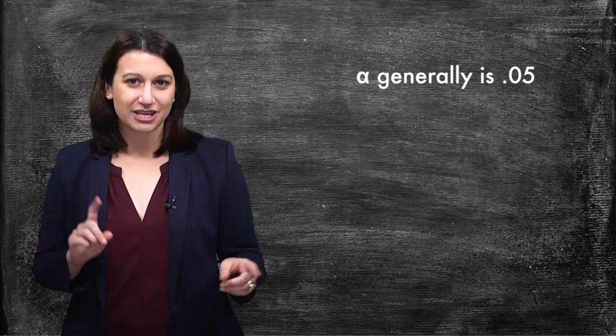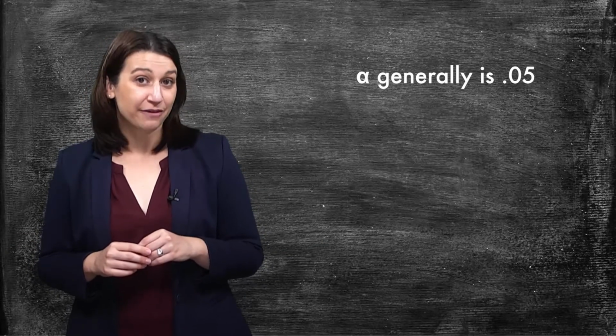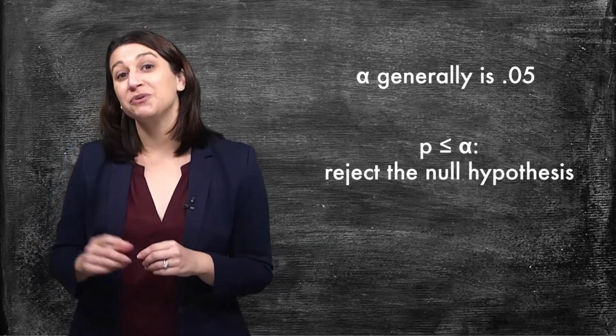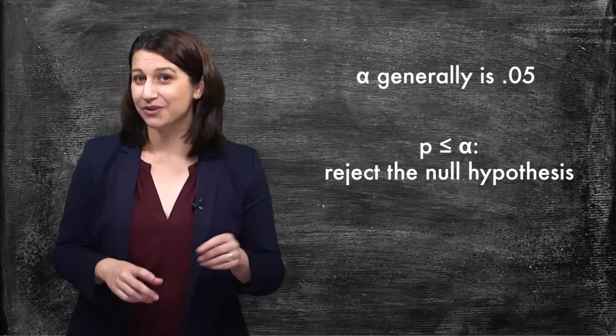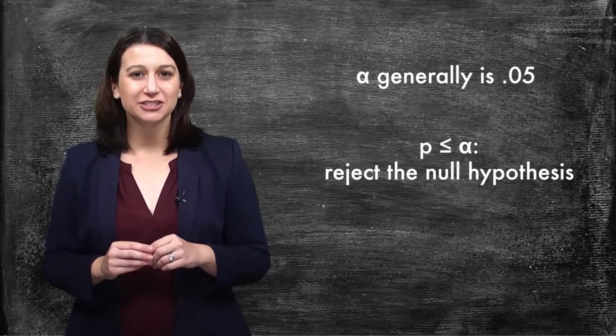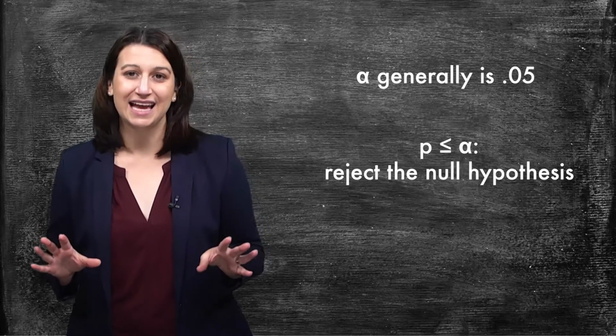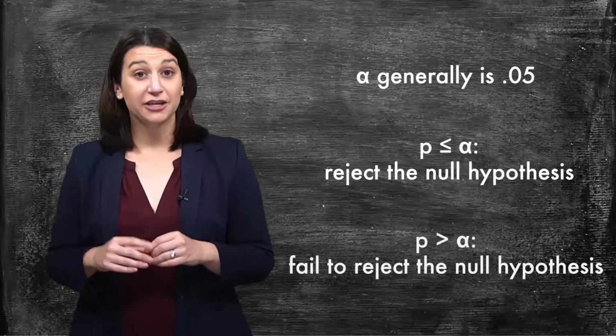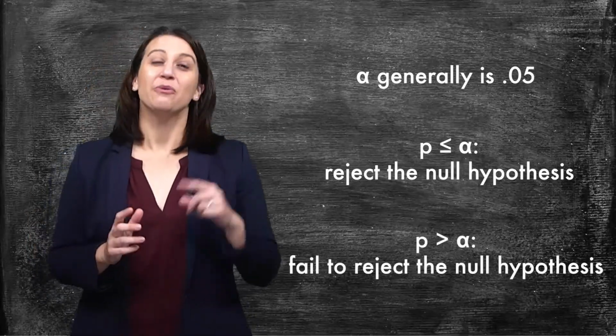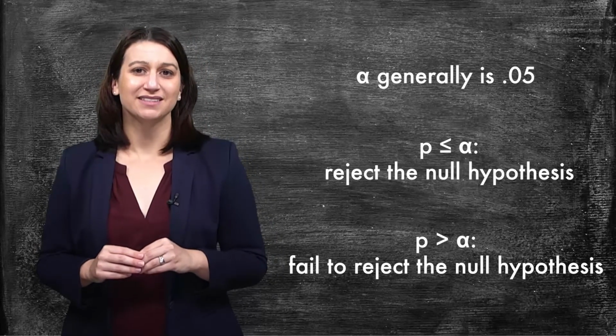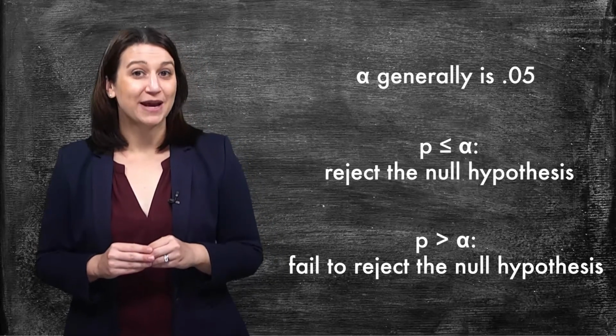The relationship between our p-value and alpha is that if our p-value is less than or equal to alpha, we know we can reject the null hypothesis for any test. For a p-value more than 0.05, we will fail to reject the null hypothesis, as this is a value we would expect if the null were true.